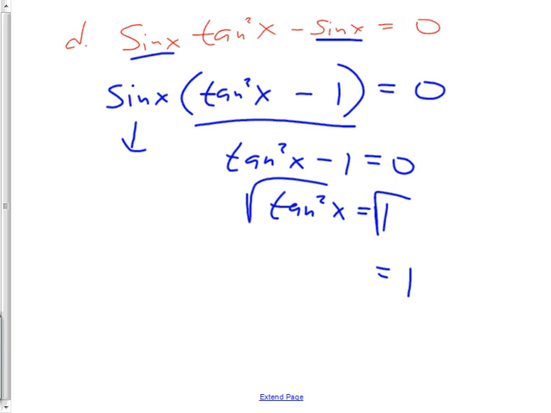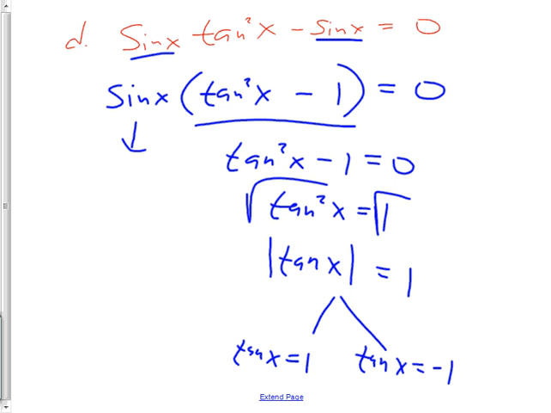It is not. Square root of 1 is just 1. But what's the square root of tangent squared x? It is the absolute value of tangent x, which means you break it into parts. And you write it twice, exactly as you see it. Tangent x equals 1, and tangent x equals -1.